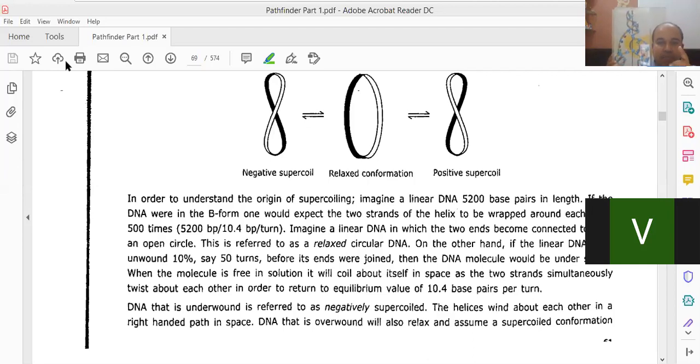The standard linking number can be tabulated by dividing the entire length, the number of base pairs, by 10.4 base pairs. That would be referred to as the standard linking number. So you just divide it out and you would be able to calculate the standard linking number for this DNA molecule.